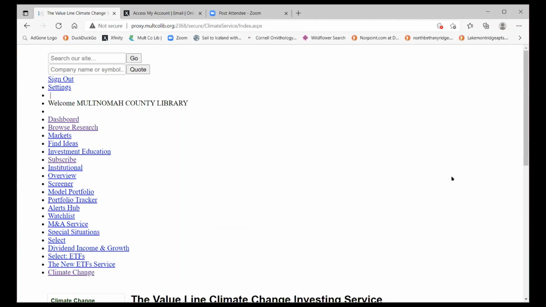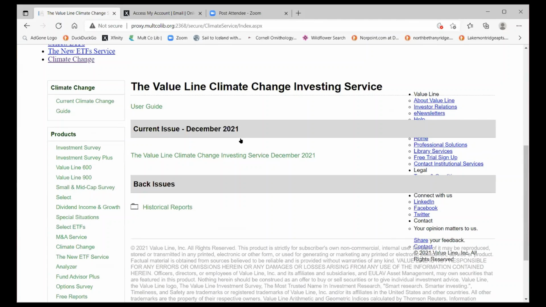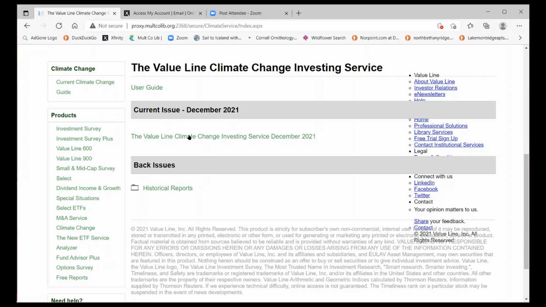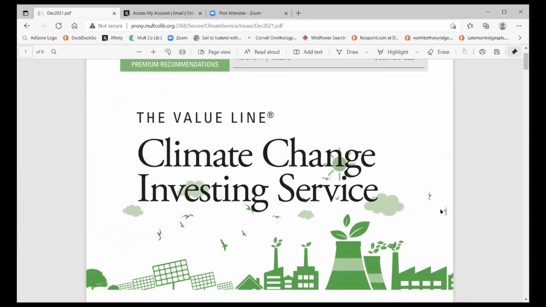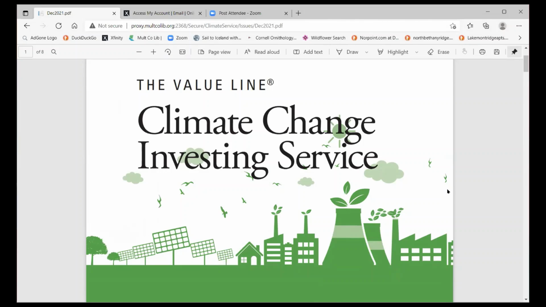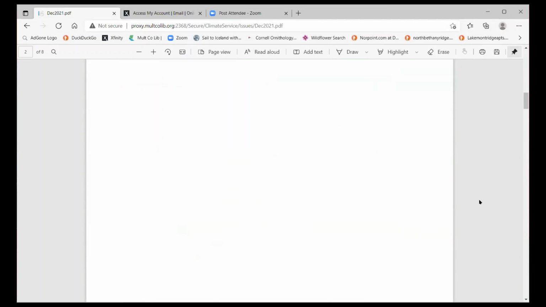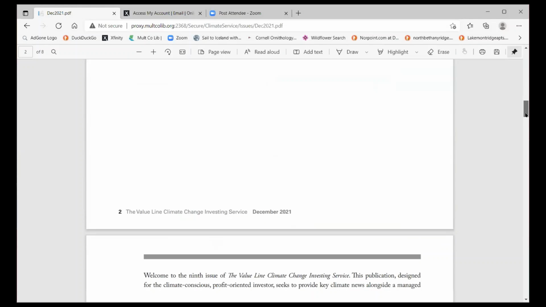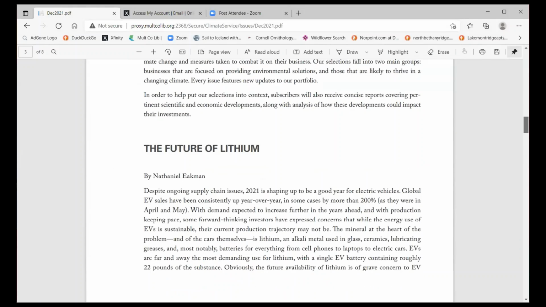I'll take you out and show you the front page here. And you can go in and look at the current issue. And here it is. And again, you can download it or print it. What I do, again, I just try to grab information that I think I might want to look at.